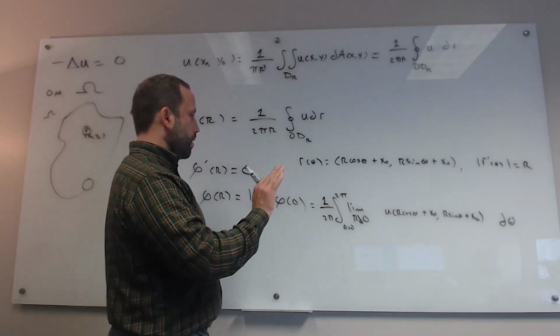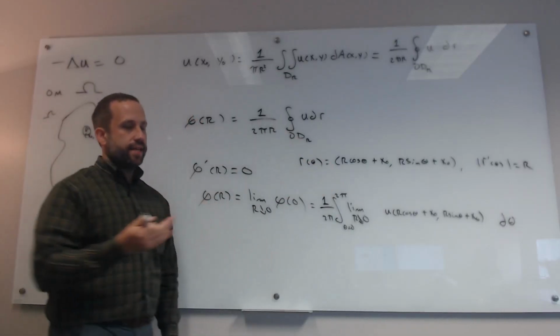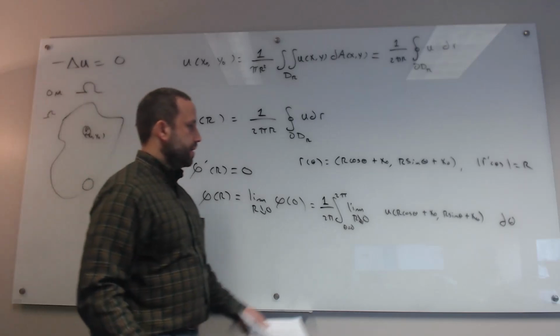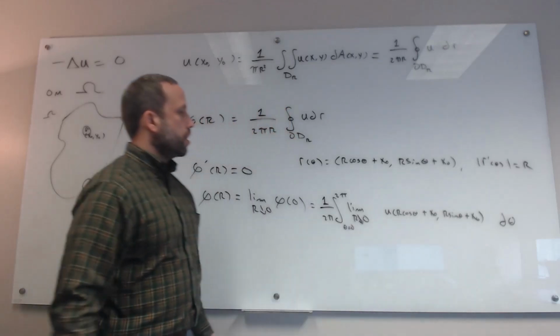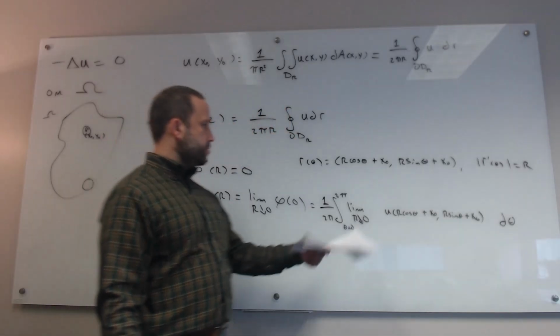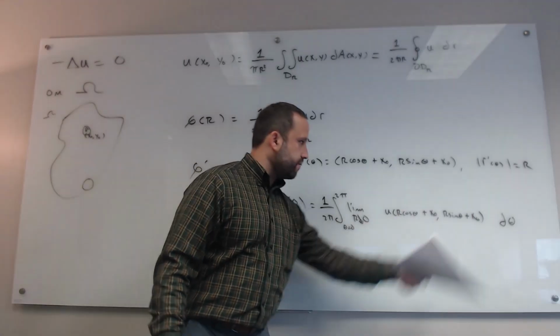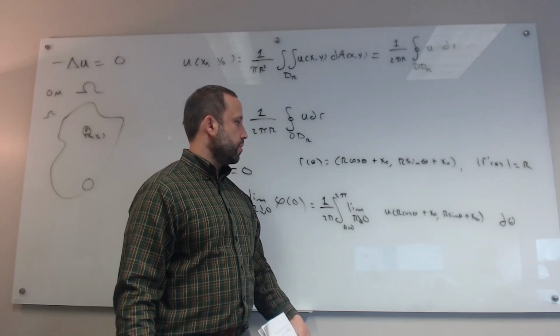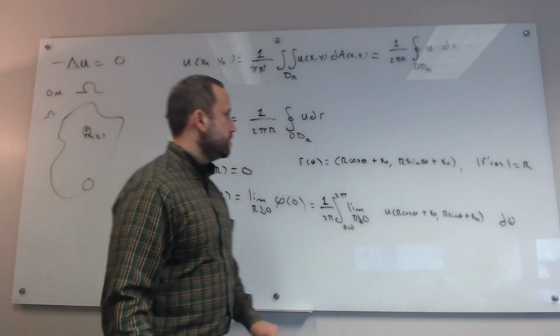I just want to point out that it doesn't go negative. That's one of the things that conceptually I want to have in mind here. Well, what's going to happen to this function as r goes to 0? Well, u is a continuous function, which means we can pass the limit inside the function here, and r cosine theta goes to 0 as r goes to 0. r sine theta goes to 0 as r goes to 0.